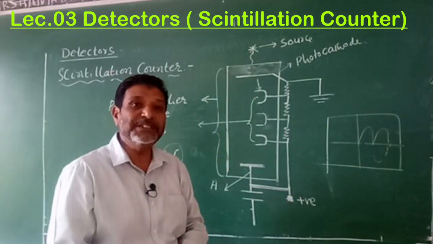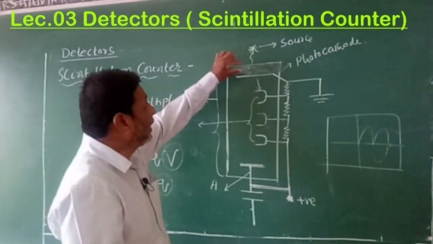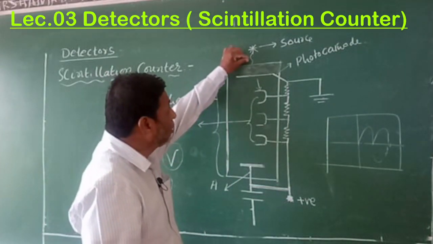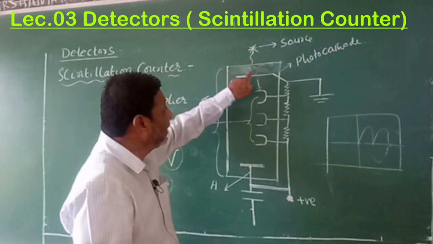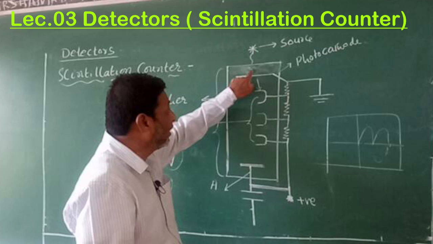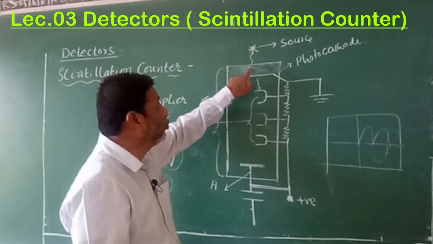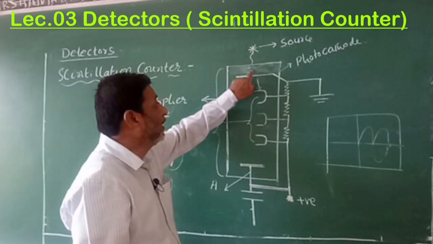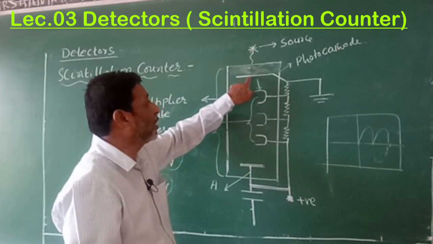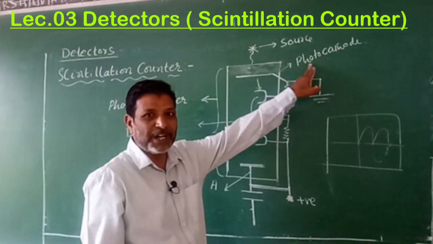Let us try to understand in this way. Whatever particle is incident on the material, organic or inorganic, if the energy of the particle is more, then more electrons are released from the photocathode.